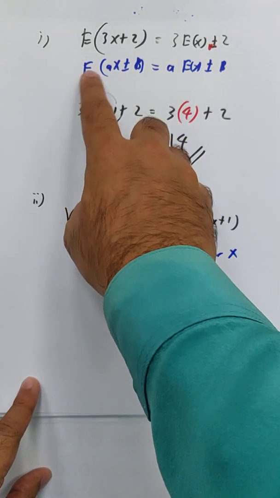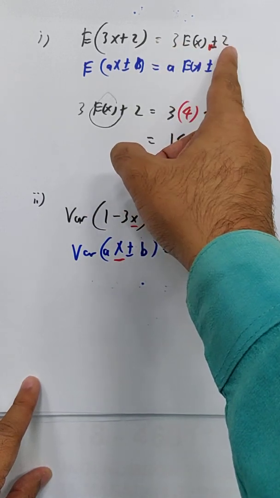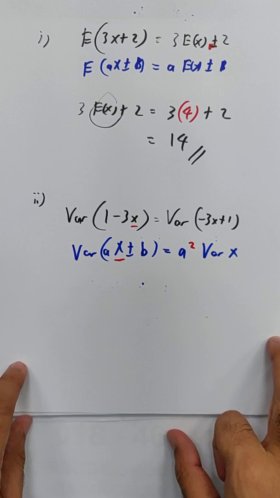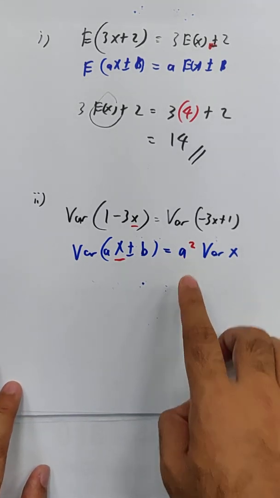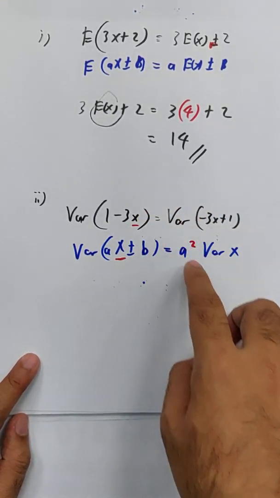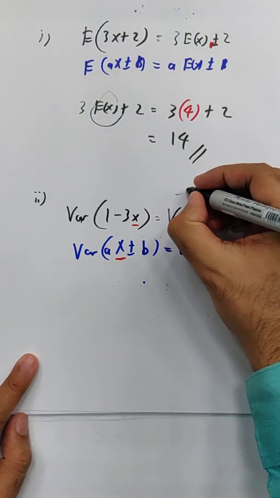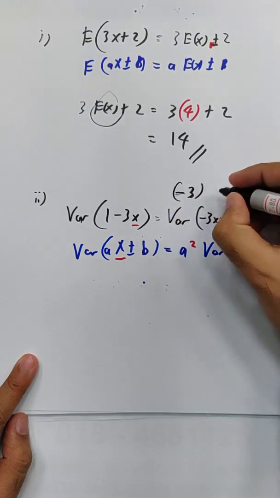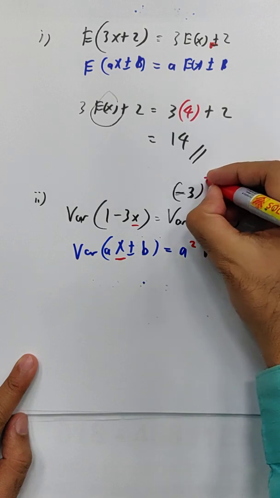If this one just now we got ourselves E(3x+2), it becomes 3E(x)+2. Now what about here? It says a squared. So what should I square here? Yes, the negative 3. Variance x, I squared it.